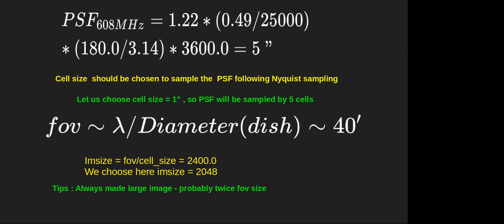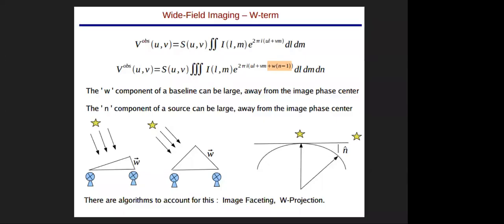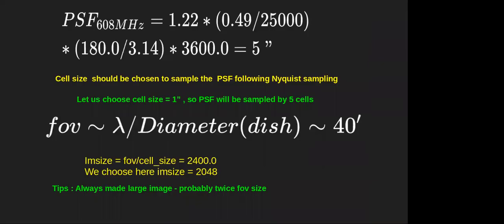It will create an aliasing problem, and it will show some structure in your image if you make a smaller image. So it is always advisable, if you are going to do some imaging at low frequency, you choose a huge field of view. You choose an image size which is almost twice or thrice your field of view size. Okay.